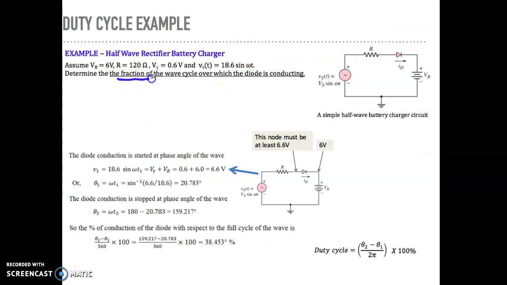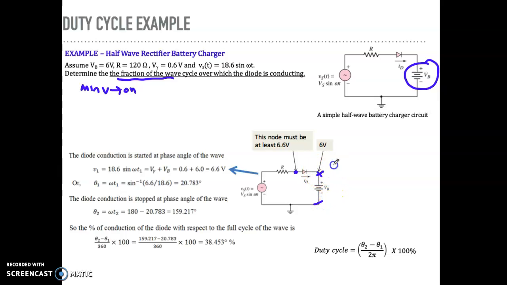Okay, continue from the previous question. Part C asks about duty cycle. So when talking about duty cycle, you need to know what is the minimum voltage you need to turn on. So please take note here, there is a source available here, the DC source. So the minimum voltage to turn on the diode is not 0.6, it's not only V gamma, because you have a source here.